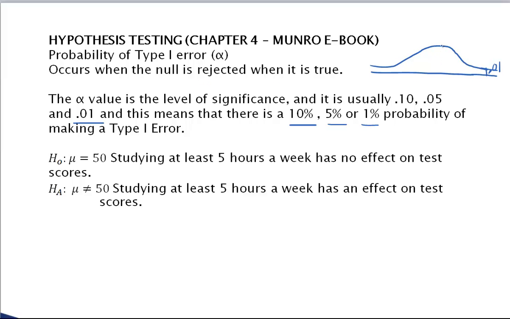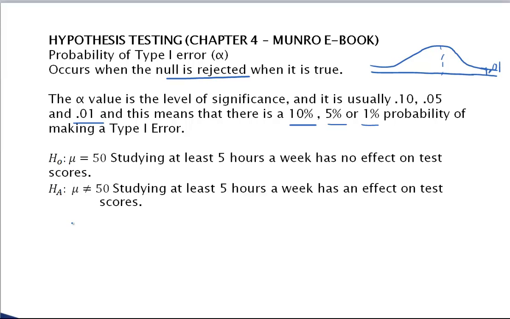Anyway, 0.05 is also going to happen 5% of the time, so not very often. So here, let's take a look at what a type 1 error would look like when we have the null and the alternative. The null is rejected when it's true.